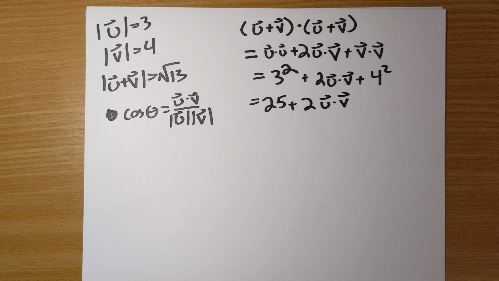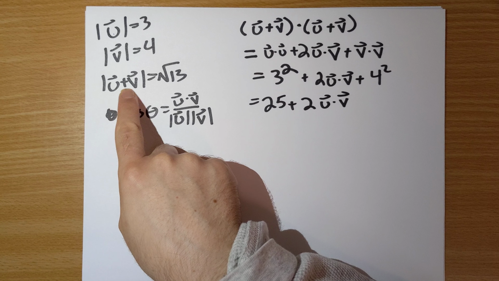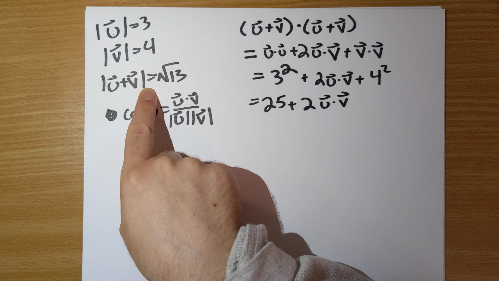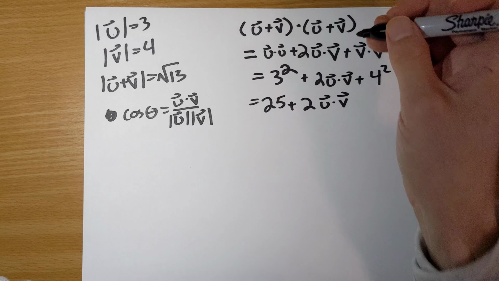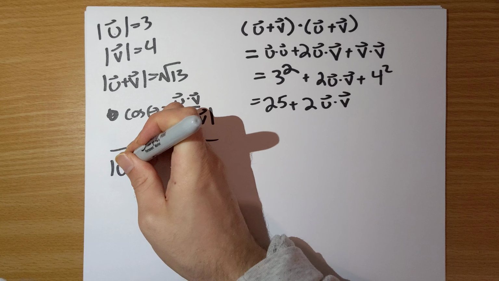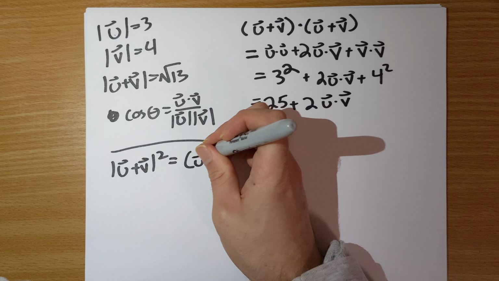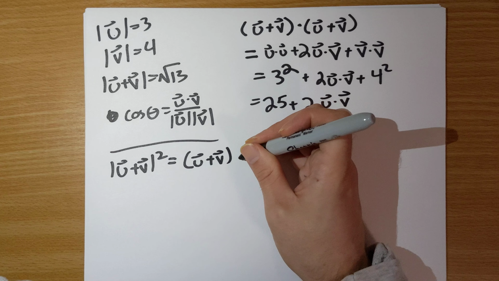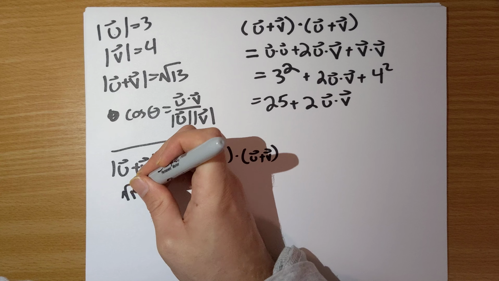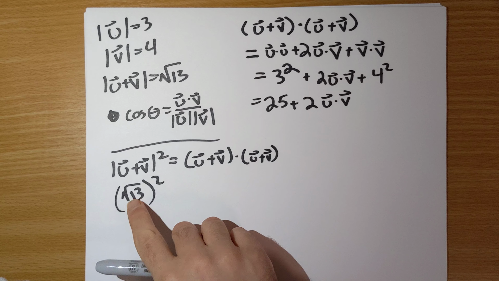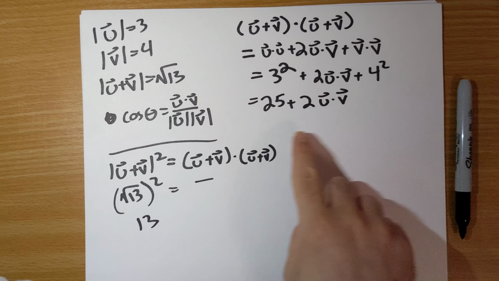On the other hand, the length of U plus V squared can be computed by just doing U plus V dot product U plus V. And so the square root of 13 squared is equal to this. That's 13.